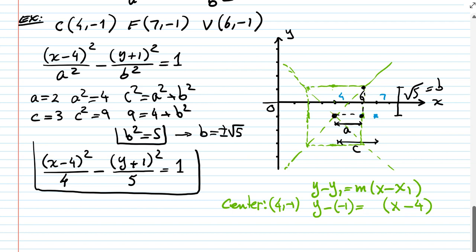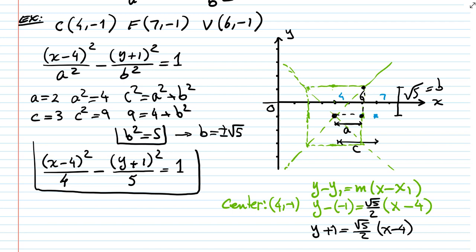And a is 2. So it's going to be root 5 over 2. Rise over run. Good. And there you have it. I can write the equation as y plus 1 equals square root of 5 over 2 times x minus 4. That would be the equation.